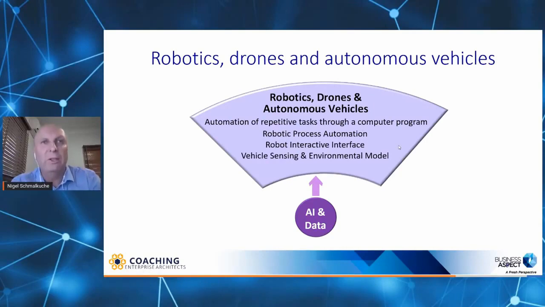So you have automation of things like data entry, claims, order processing, copy-pasting tasks, and gathering information about customers. I've just got another one there. Look, this is a huge field, but vehicle sensing and environmental model.